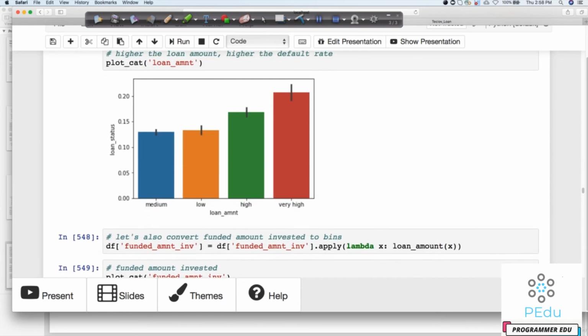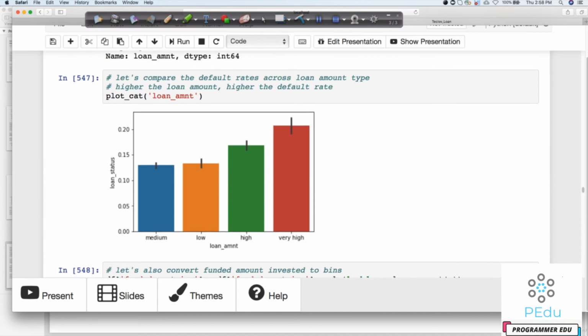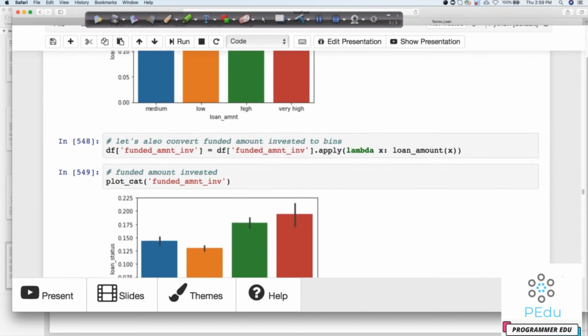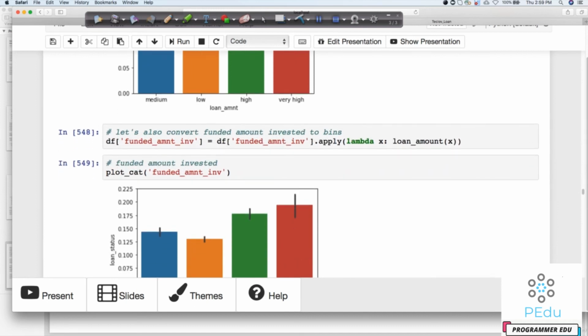When we do this, we can very well see that the people who are applying for more loan, for whom the loan amount is higher, have in fact a higher chance of defaulting. People applying for lesser loans, in fact medium and low, are almost the same, so they are not very risky customers. But definitely the people who are applying for higher loans are very risky customers for us. Now let's do the same thing for funded amount investment also.